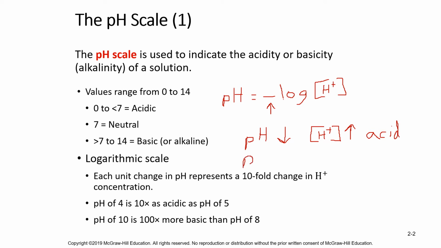As pH goes up, the opposite is true. Your hydrogen ions go down, and it becomes more basic, or alkaline.